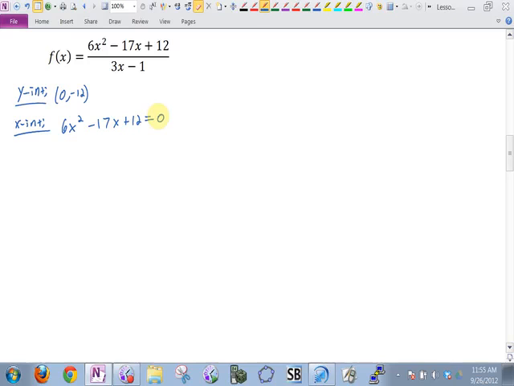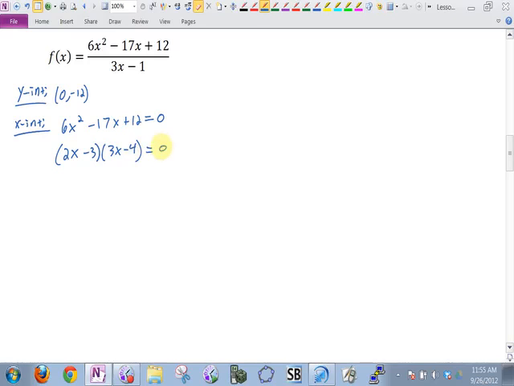Yeah, negative 8, negative 9. So this becomes 2x minus 3, 3x minus 4. Because here's your negative 8x, here's your negative 9x, and that makes you negative 17x. It's positive 12. Okay? Make sense?